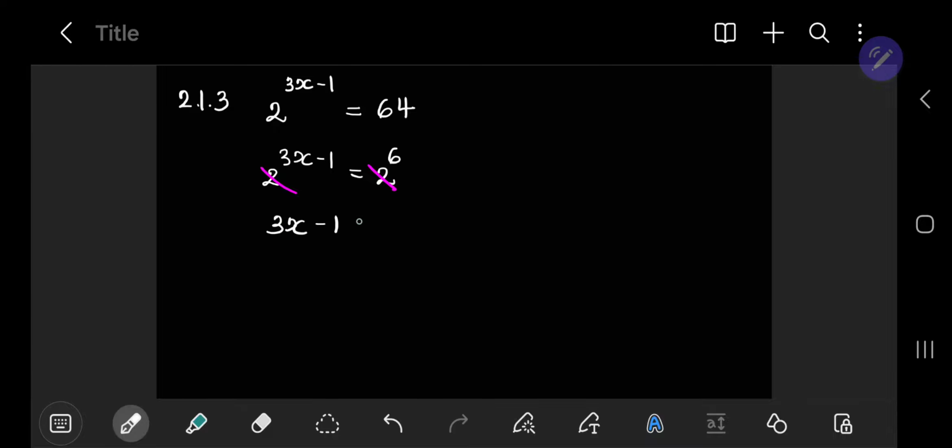So we have 3x minus 1 is equal to 6. Let's take the negative 1 over to the right hand side. It's going to add, 6 plus 1 is 7. To get x alone, we are going to divide both sides by the coefficient of x. On the left hand side, they cancel out. So we are left with x as 7 over 3.